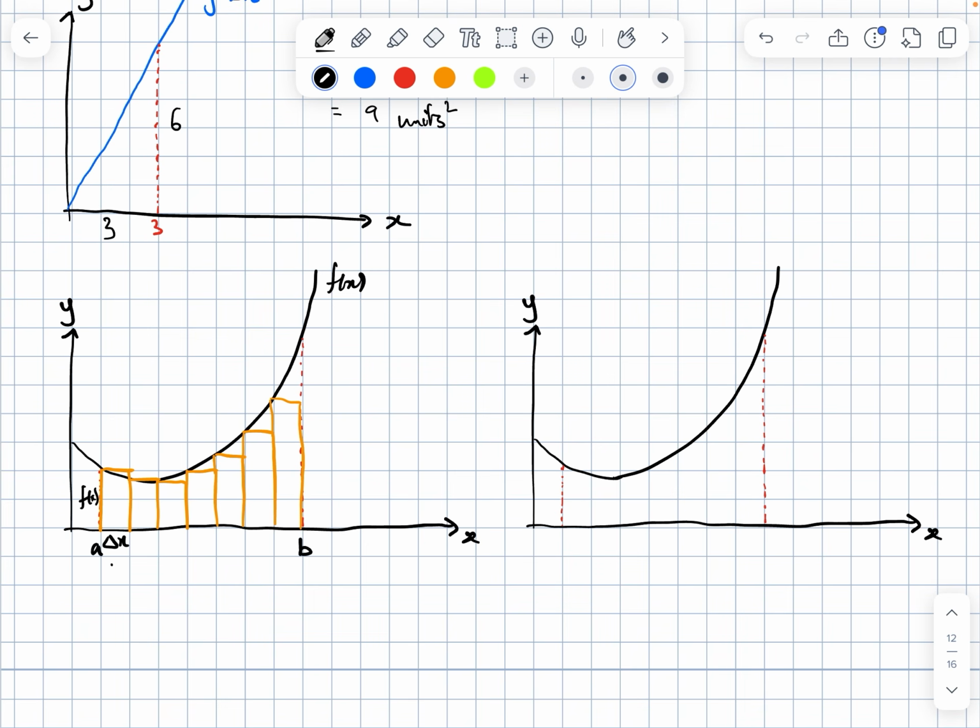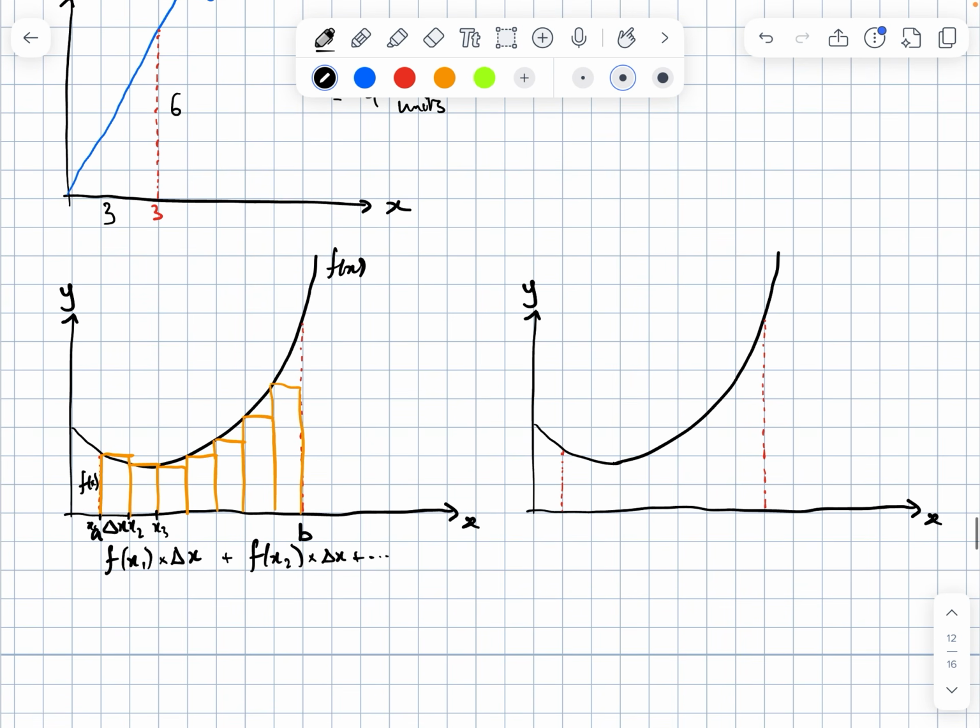And so the first area will just be the function, and if we call this x1, and the next one will be x2 and x3 and so on, it is the function at x1 times by that change in x. That's the first area. Then the function at x2 times by the change in x, and then that will go on until the end.